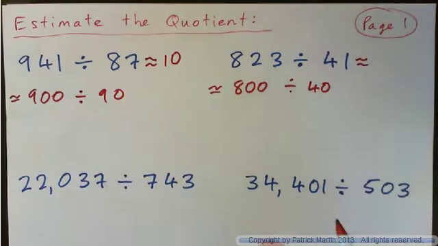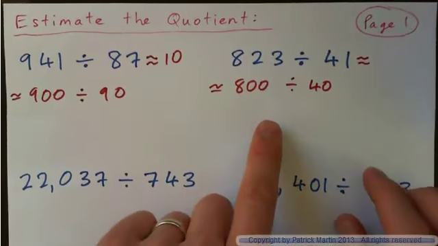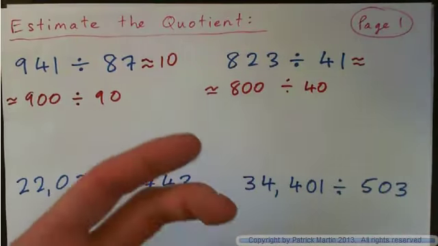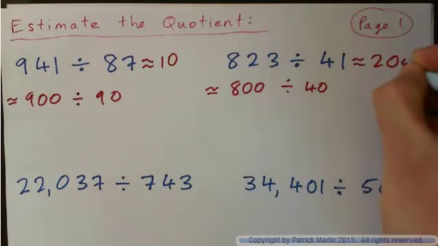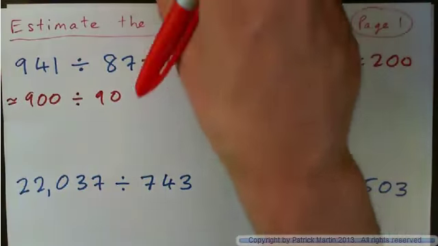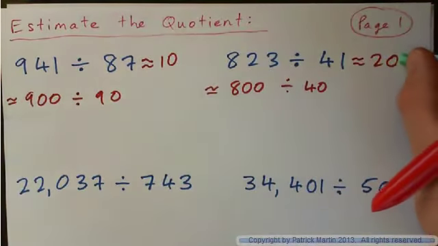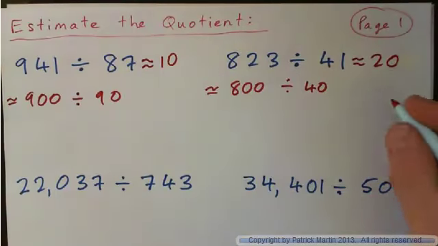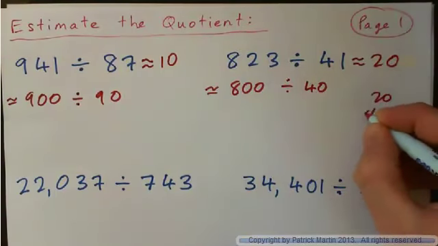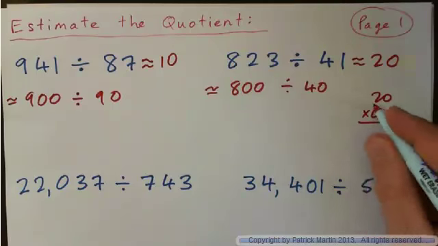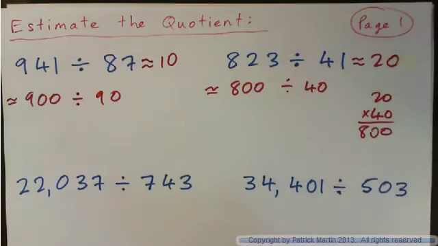So we have 800 divided by 40. Now 10 40s is 400, right? So 20 40s would be about 800, right? Oh, 20, not 200. My mistake. So this would be about 20, right? You can check it. 20 times 40, if you work that out, you get 800, right?